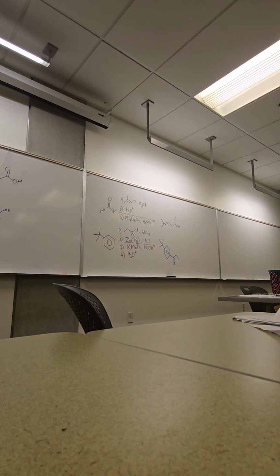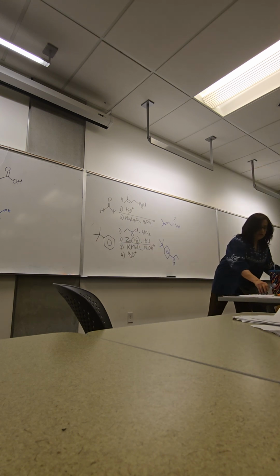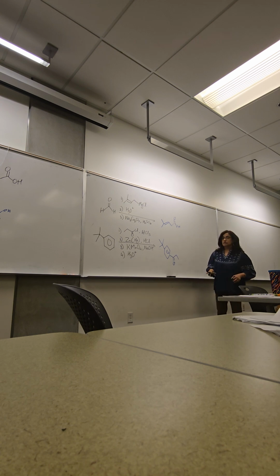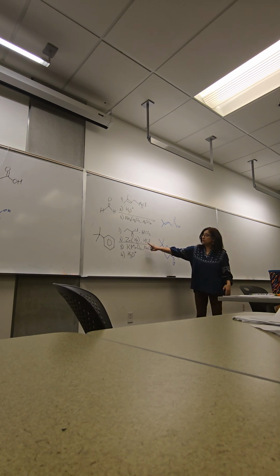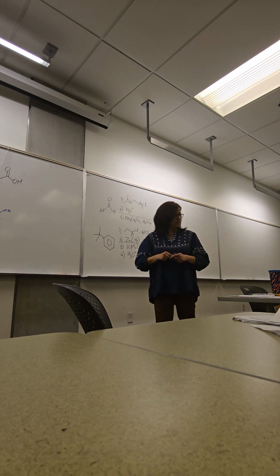What's going on here? The C double bond O is taken out. What's going on in 3 and 4? Benzoic acid. The tert-butyl is not affected. The R just gets broken off and becomes carboxylic acid, so that's your final product.